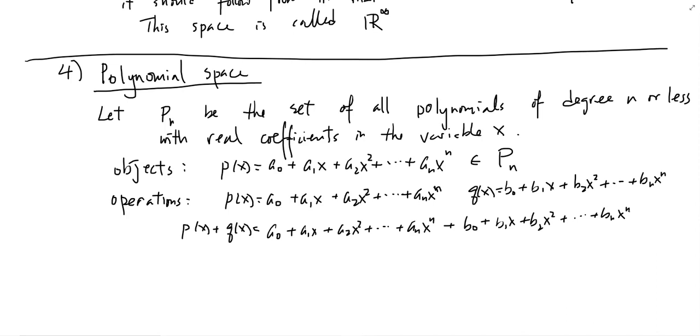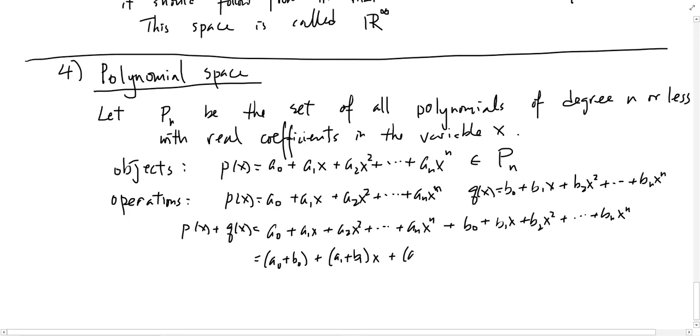And therefore, this comes out to be a sub 0 plus b sub 0, plus a sub 1 plus b sub 1 times x, plus a sub 2 plus b sub 2 times x squared, plus dot dot dot plus a sub n plus b sub n times x to the n power.